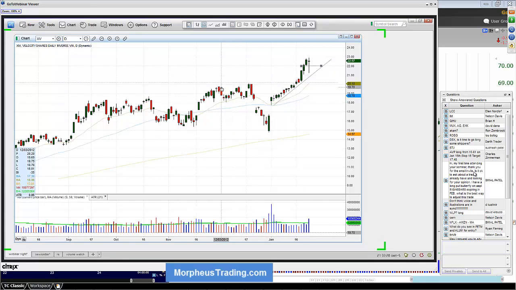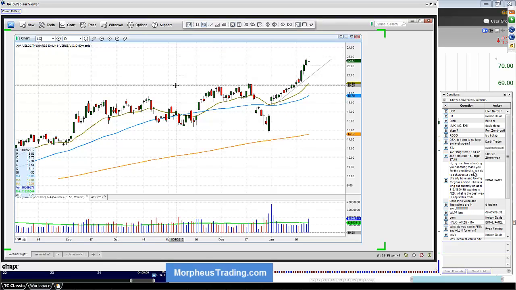Let me also point out, Rick, that this is also an inverse ETF. So this moves in the opposite direction of the VIX, and the VIX generally goes higher when the market becomes more volatile. So if today's pullback or today's bearish reversal happens to have any near-term follow-through to the downside, then this is likely to go lower as well.